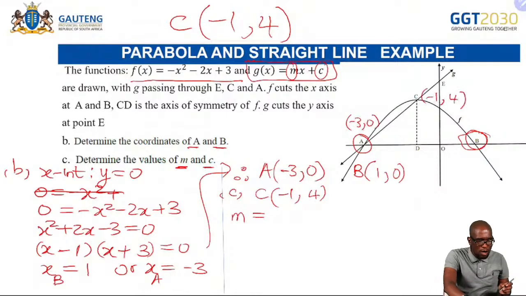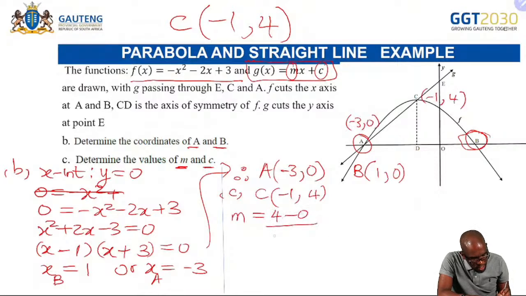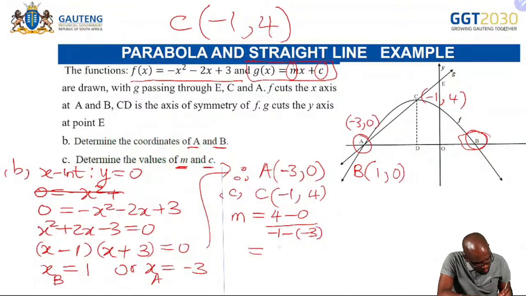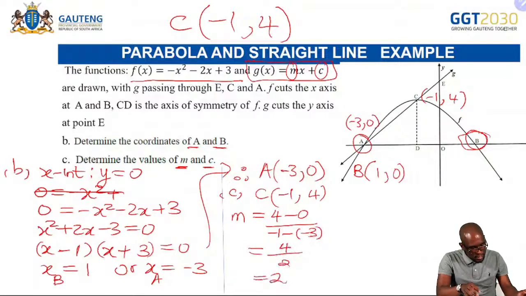So we're going to say y2 minus y1, which is 4 minus 0, over x2 minus x1, which is minus 1 minus minus 3. So this would simplify to 4 divided by 2, which is equal to 2. So our gradient is equal to 2, which means that M is 2.